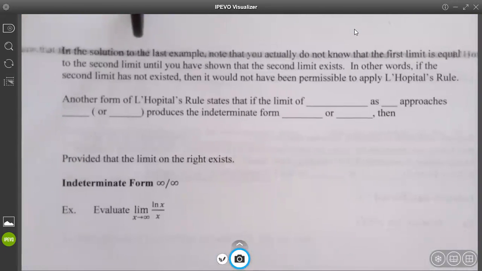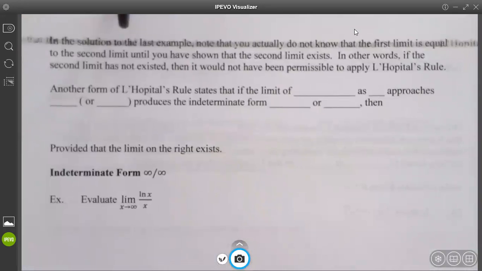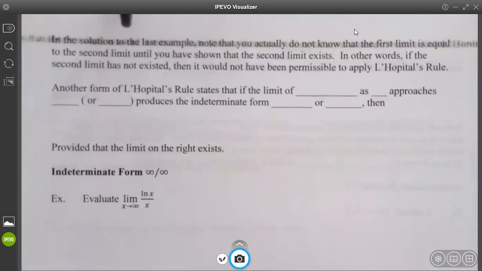In the solution to the last example, note that you actually do not know that the first limit is equal to the second limit until you have shown that the second limit exists. In other words, if the second limit had not existed, then it would not have been permissible to apply L'Hopital's rule.